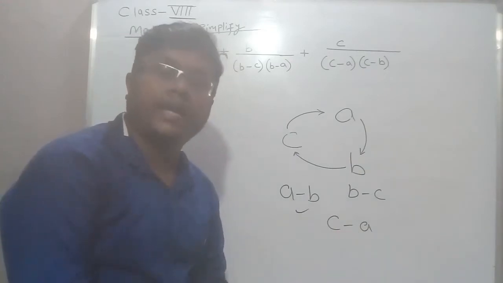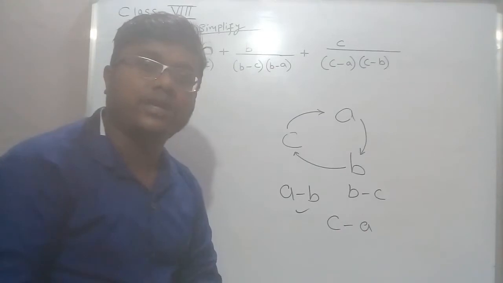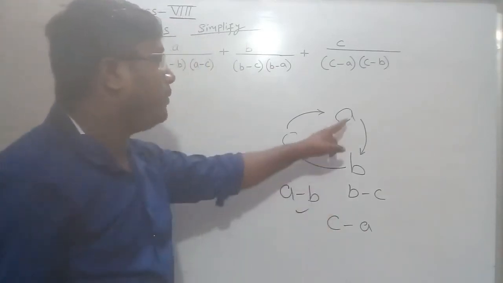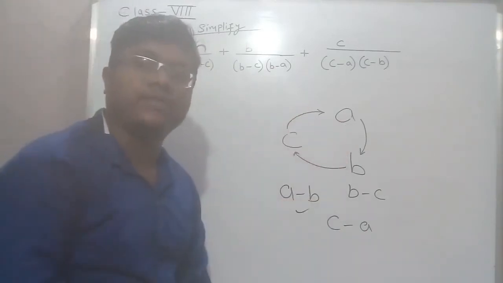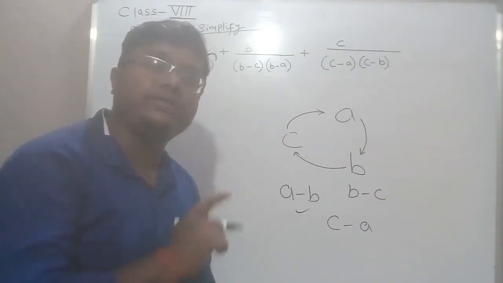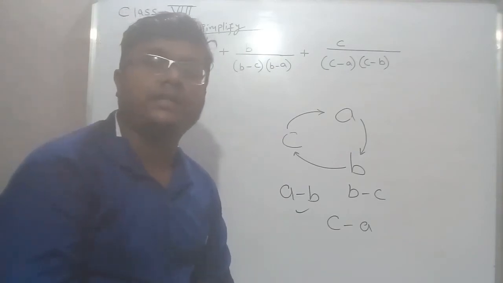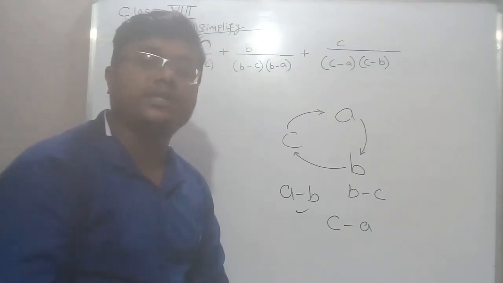But one thing we have to remember here: we are not looking at a, b, c, d like that. What we are making here is one order. If we make them in one order, a to b, b to c, c to a, then it will be easier for us to find the LCM and simplify this question.